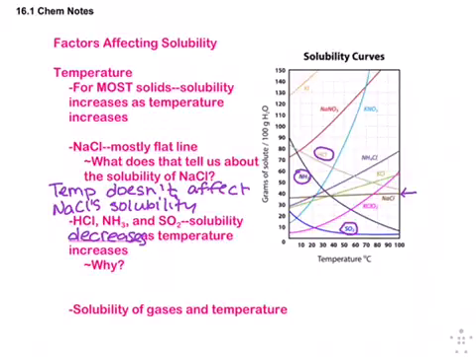Or what could you hypothesize about those three compounds? Are they solids, liquids, or gases? They're gases. So remember that with gases, the solubility will decrease if temperature increases. If temperature decreases, your solubility increases. Okay, so gases are the opposite of the solids and liquids.